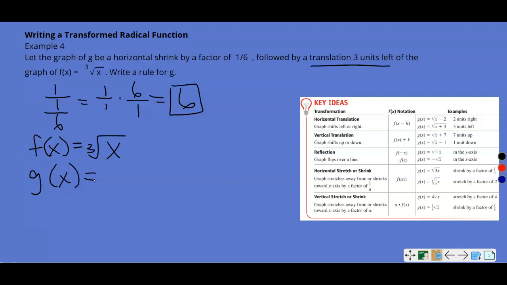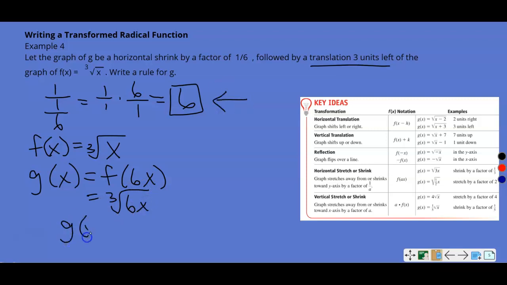So we're going to have f of 6x. So what that's going to do is plug that into our function. So we're going to have cube root of 6x. So that takes care of this part here.